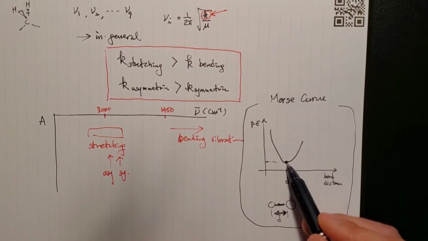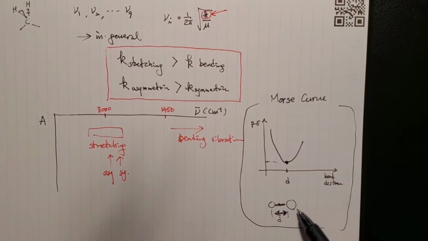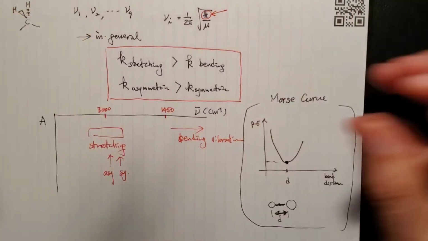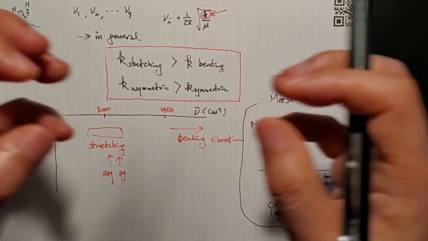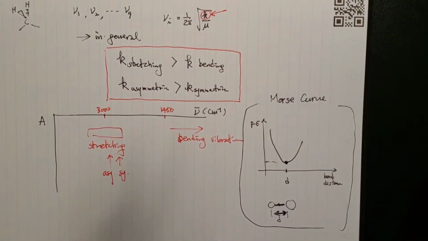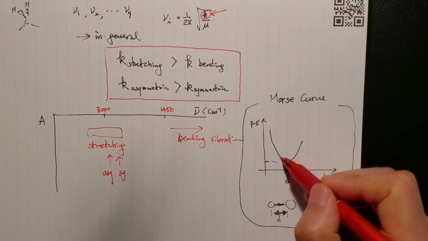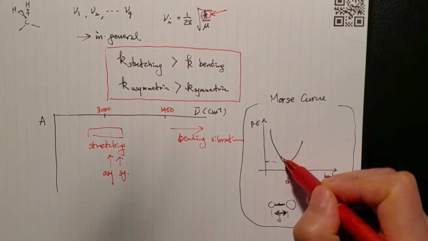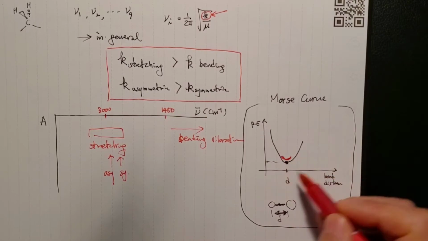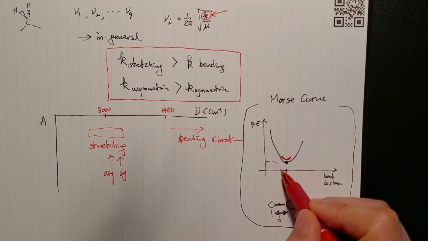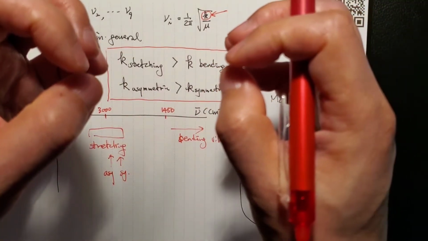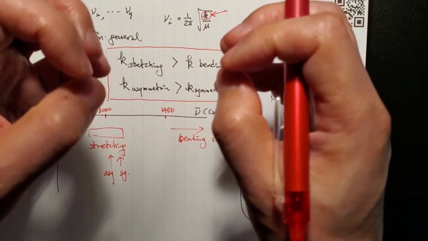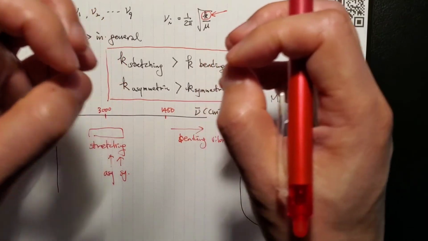So they like to be here. But because atoms and molecules have kinetic energy, they're not static, they're always moving around. So they have a little vibration.